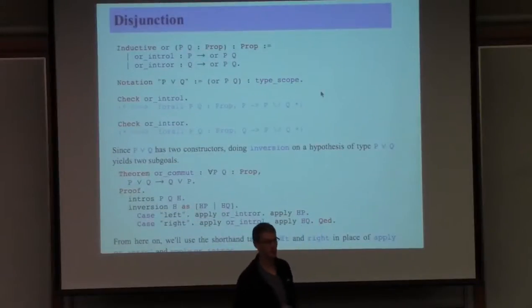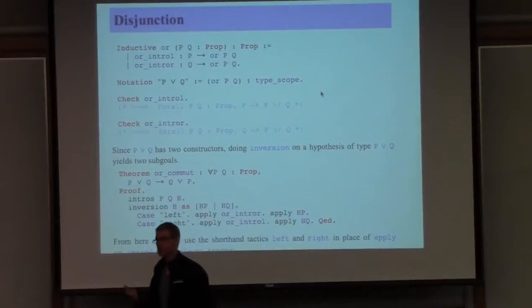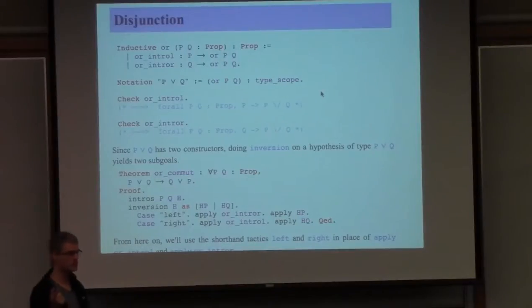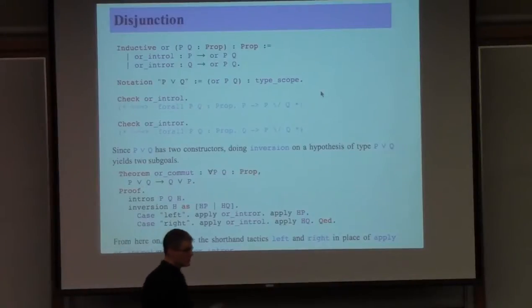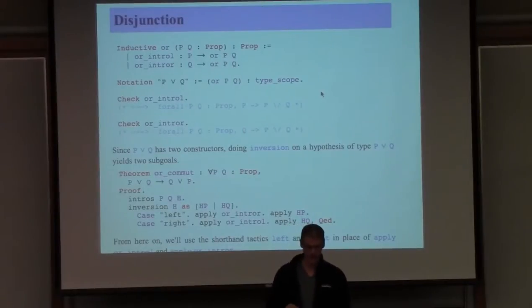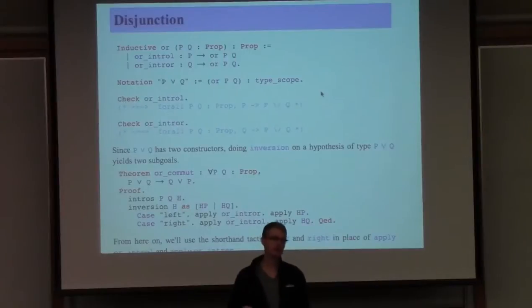Okay, what about disjunction? Well, disjunction is an inductively defined proposition with two constructors. There are two ways of proving P or Q: either give evidence for P or give evidence for Q. So there are two constructors, one that takes evidence for P and one that takes evidence for Q. And now the rest of the story is kind of what you would expect.